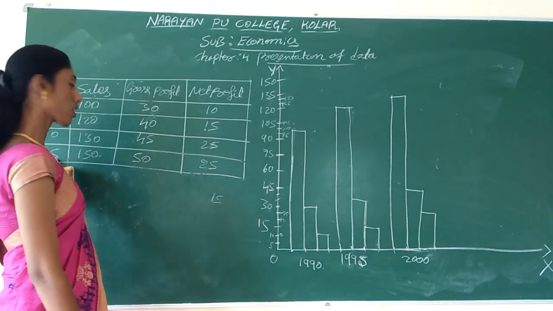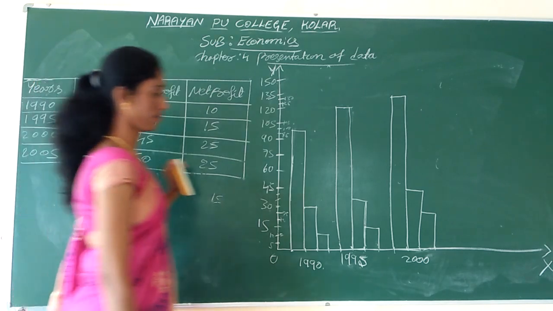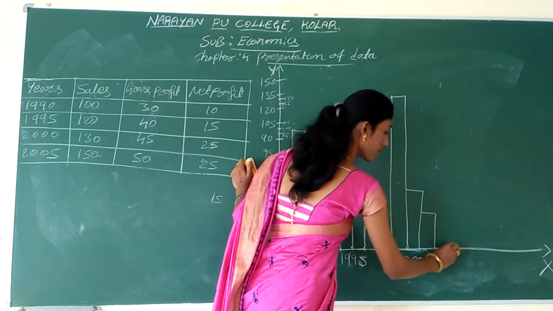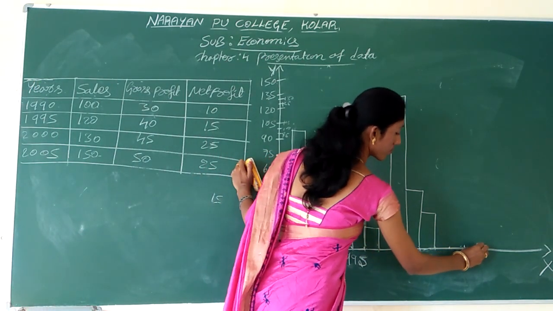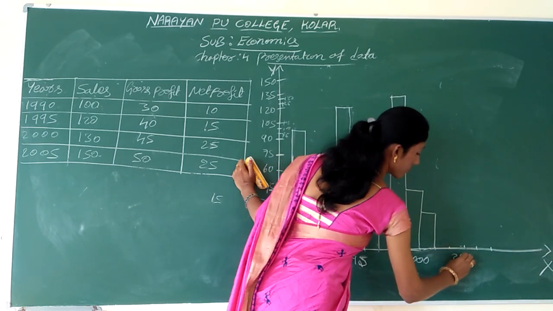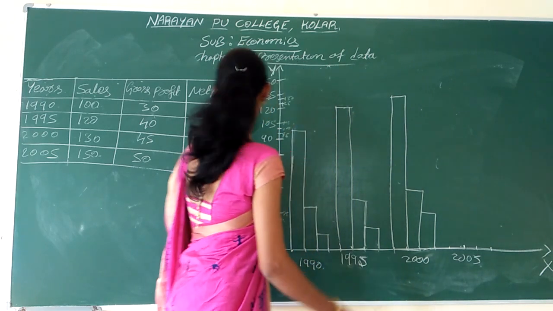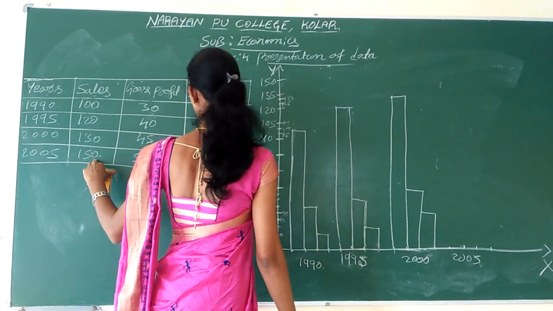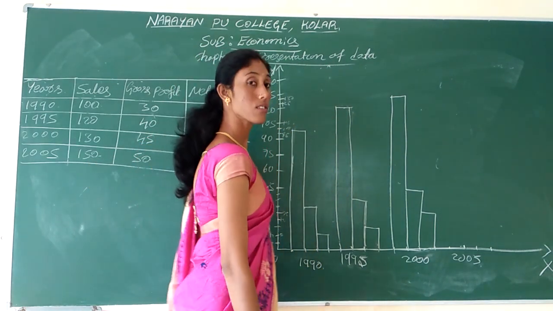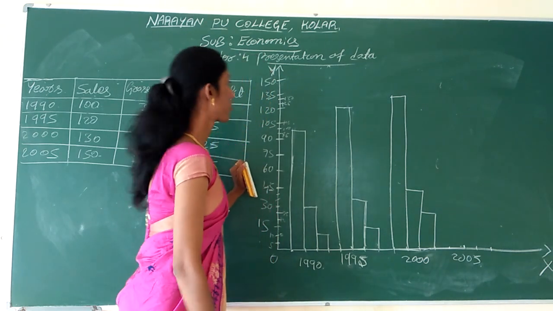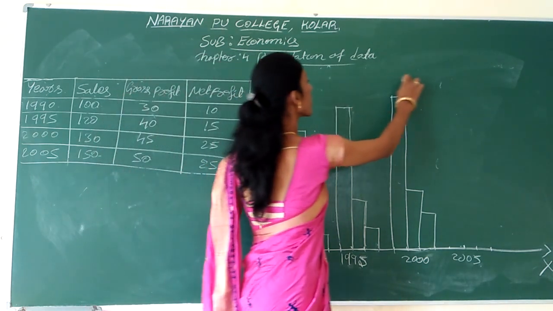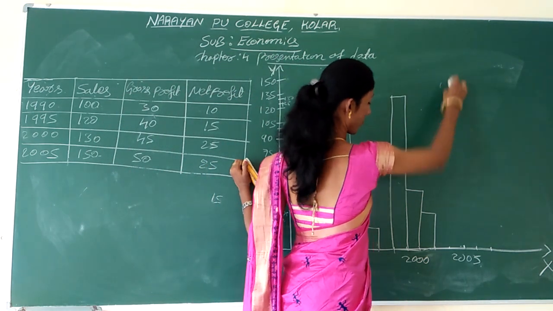And next, one more year we have, 2005. What is under 2005? The sales of the company is 150. Where the 150 is here.